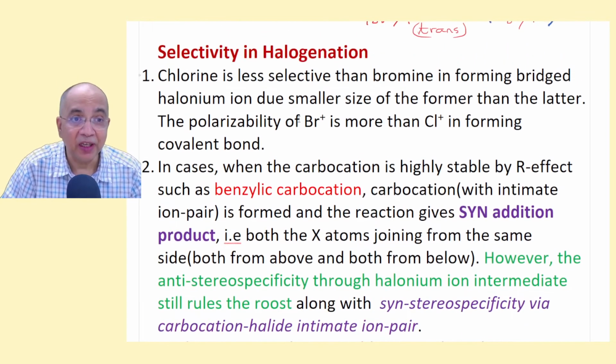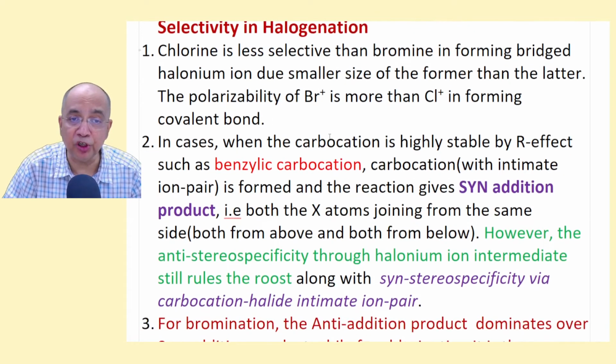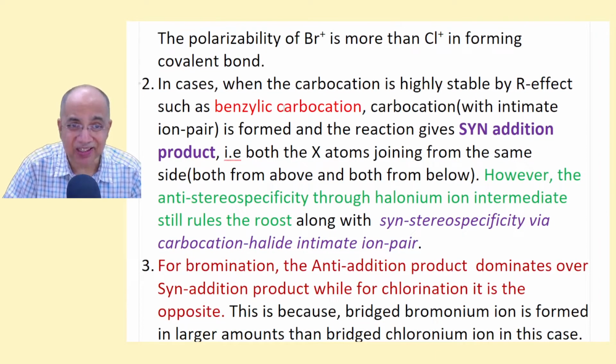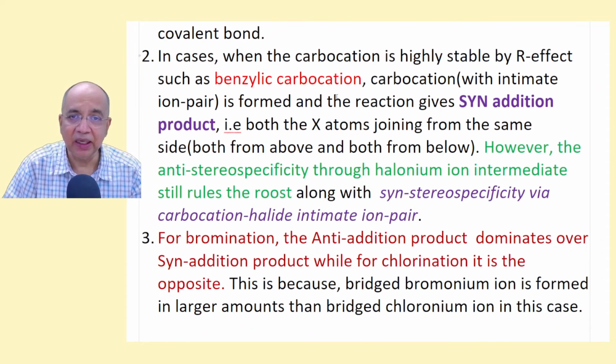Let me read out. Chlorine is less selective than bromine in forming bridged halonium ion due to the smaller size of the former than the latter. The polarizability of bromonium ion is more than chloronium ion in forming covalent bonds. In cases when the carbocation is highly stable by R effect, resonance effect, such as a benzylic carbocation, a carbocation with intimate ion pair, which I was telling you about, almost in contact with the Cl minus or Br minus, is formed, and the reaction gives syn addition product.